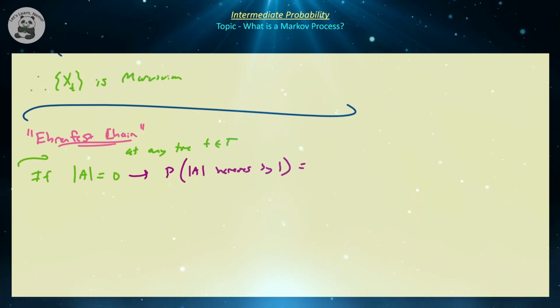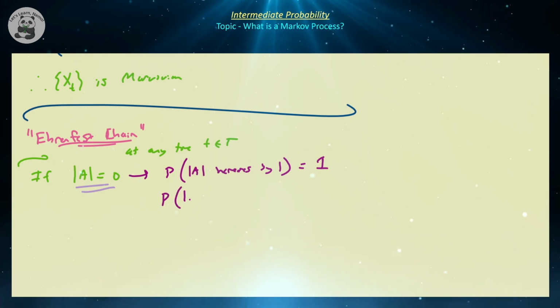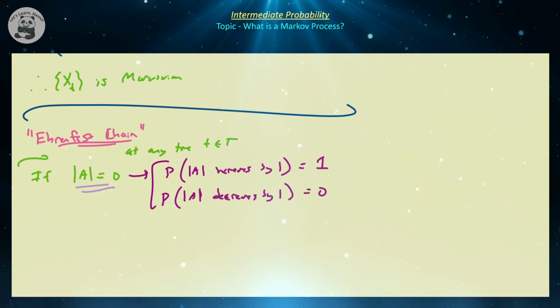Keep in mind, if we have 0 elements in A, there's no element in A to select. Therefore, it has to come from the other set, so that probability is guaranteed to be 1. And the probability that the cardinality of A decreases by 1 is obviously going to be equal to 0, because if it's equal to 0, you can't select anything from it.